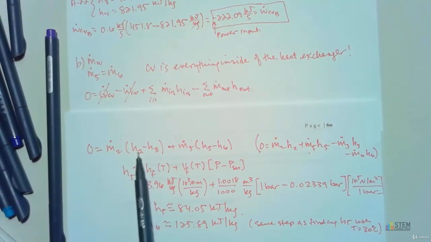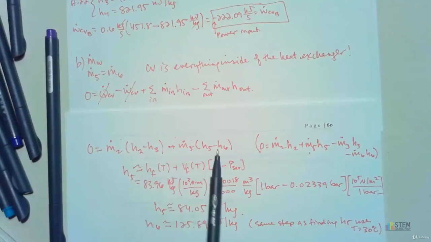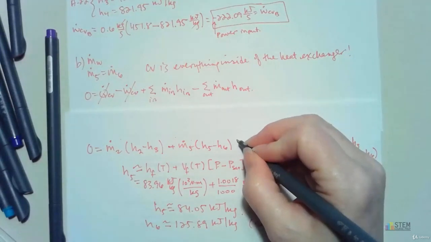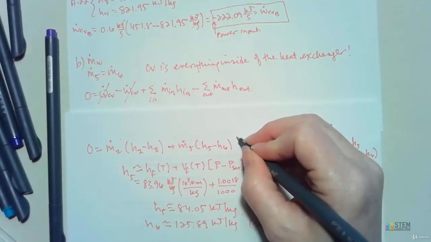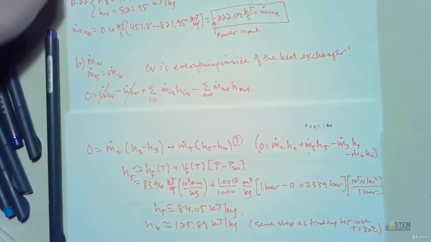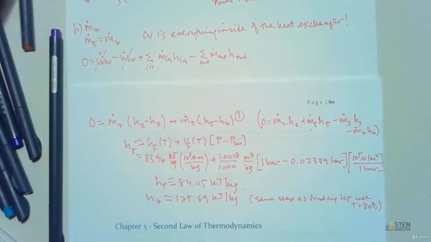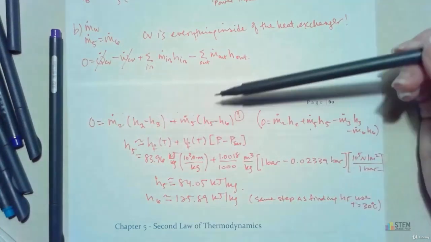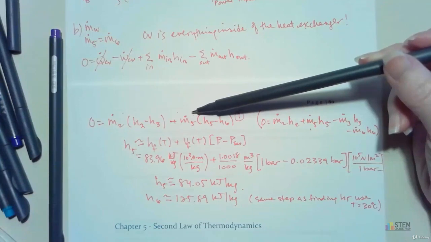All right. So if you plug them into this equation here, you can go ahead and solve for M5 dot. Let's call this equation 1. We haven't used that yet. So go to that equation 1, plug in your values. We know M2 dot, we know H2, we know H3. We're looking for M5 dot.